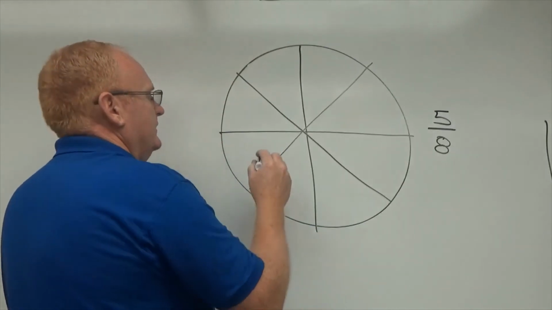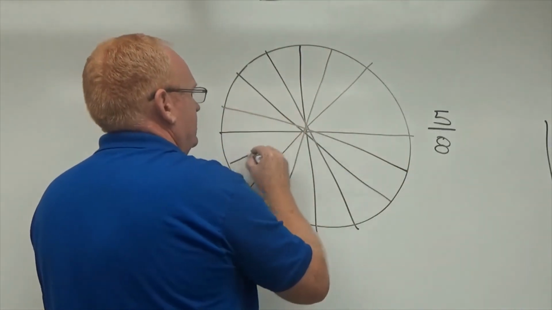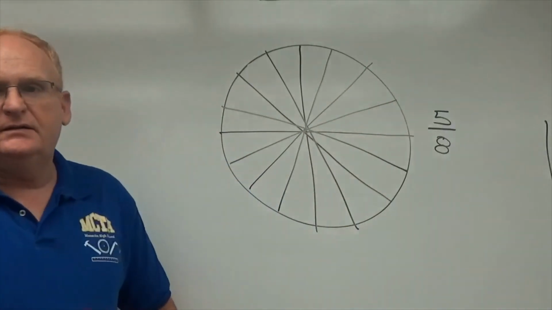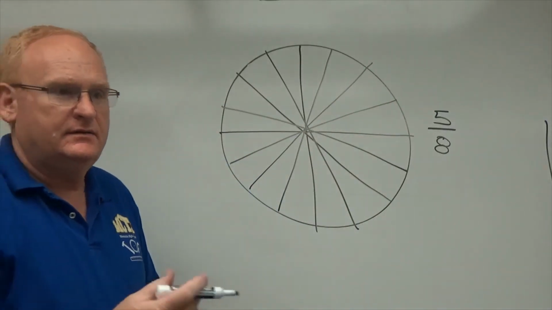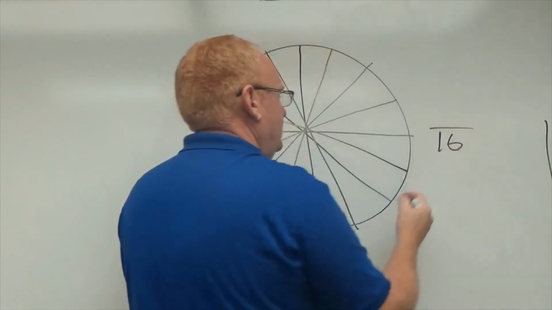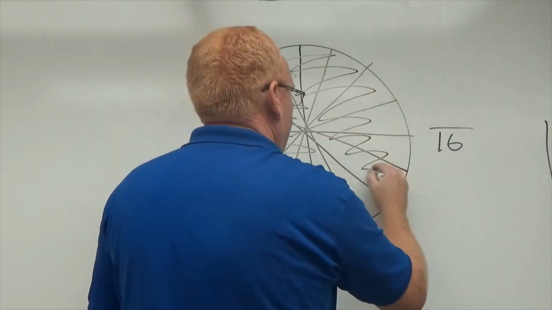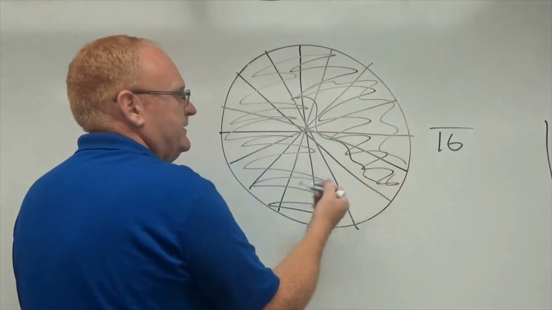Okay, let's go a step farther. Now how many slices does our pizza have? 16. Okay? You ate 15 of them. You eat all this. All that. You leave me one little slice.